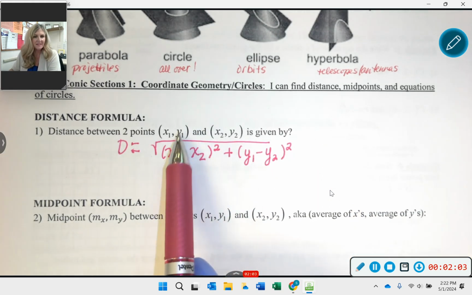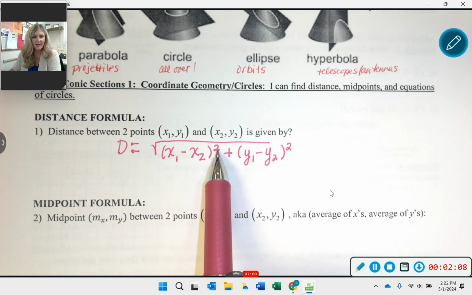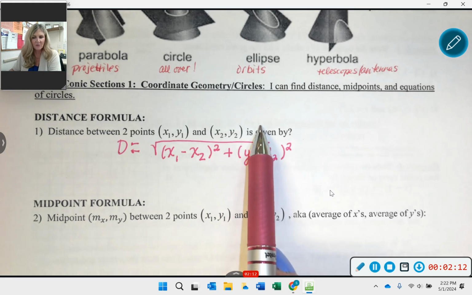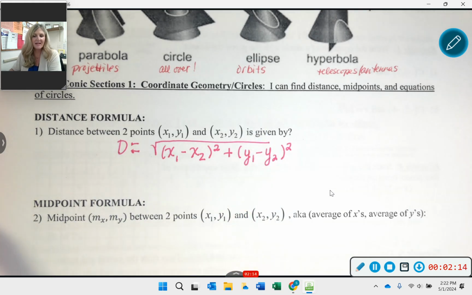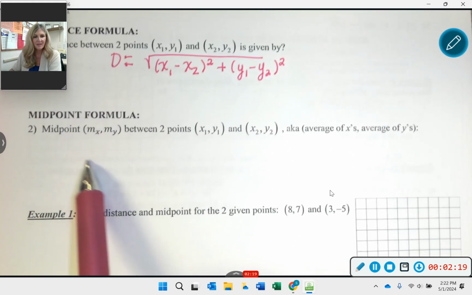That's how we find the distance between 2 points. We subtract, square, subtract the y's, square, add those values, and take the square root. It's really just the Pythagorean theorem, and I'll show you that here in a minute.